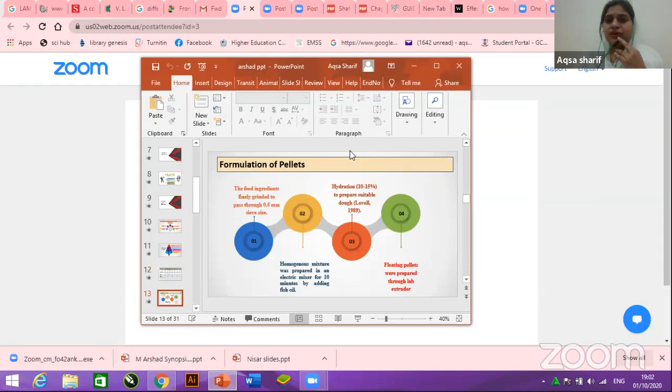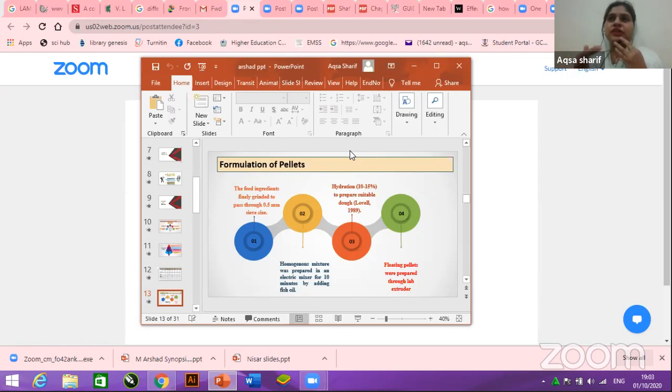Then I prepared the feed in the form of pellets, because fish only accept the feed in the form of short-sized pellets, and a size of about 0.5 millimeter sieve size of the pellets was maintained during the whole diet. Then a homogeneous mixture was prepared in the electric mixer for 10 minutes by adding fish oil.